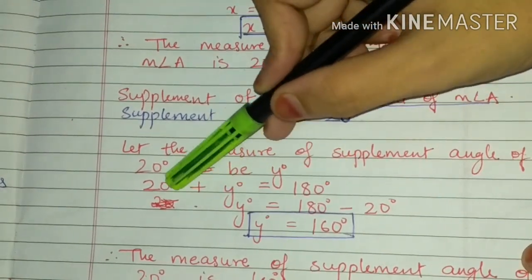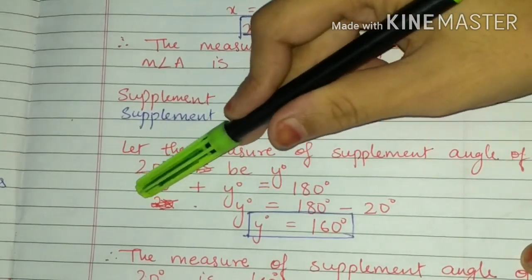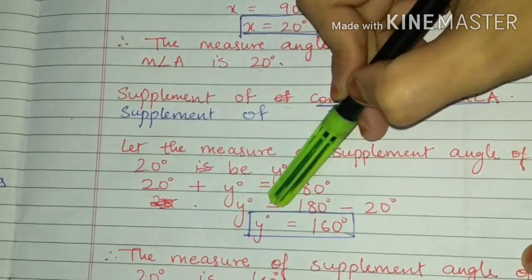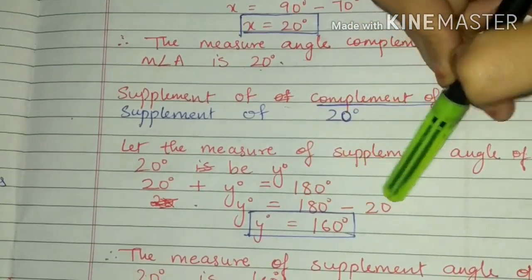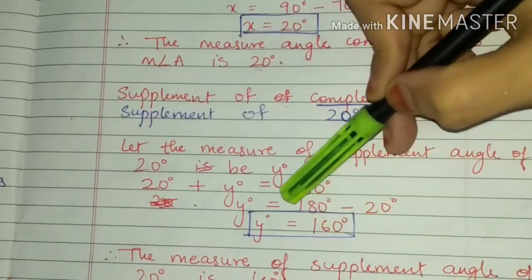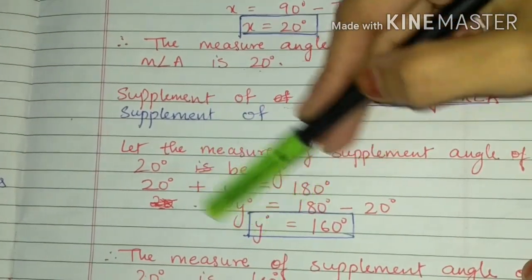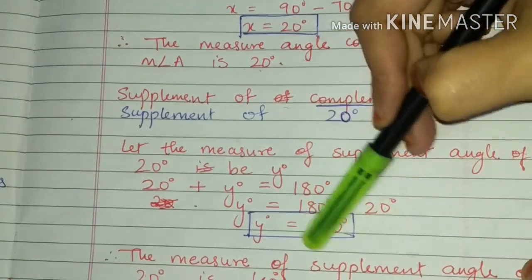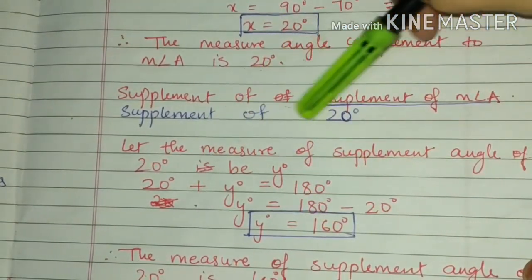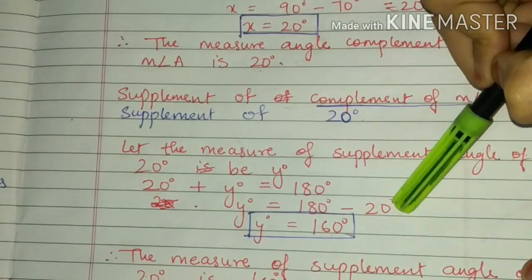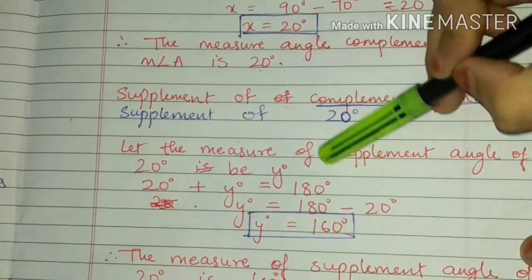So we are taking the number to the other side. So plus 20 going to the other side of the equal to will become minus 20. So 180 minus 20 is how much? 160. So supplement of 20 degrees is 160 degrees.